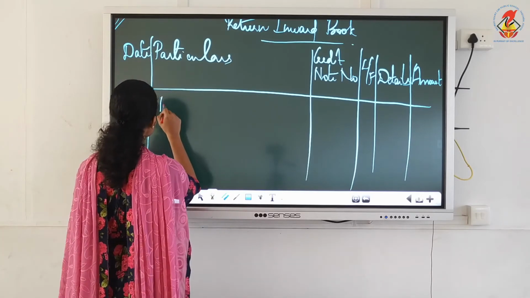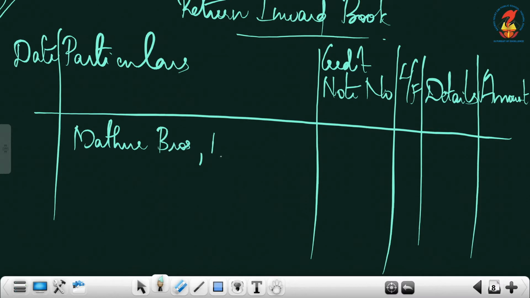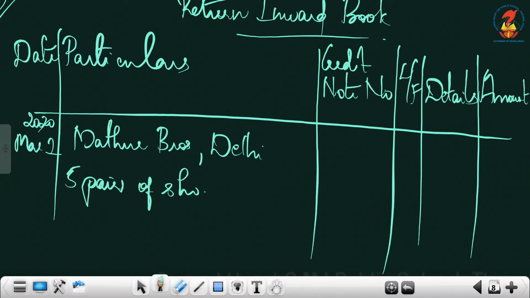First you write the customer's name, Mathur Brothers Delhi, and the date is 2020 March 1st. The item is 5. You don't have to write the reasons like being defective and all. Just write the item, 5 pairs of shoes at the rate of rupees 2000 per pair.